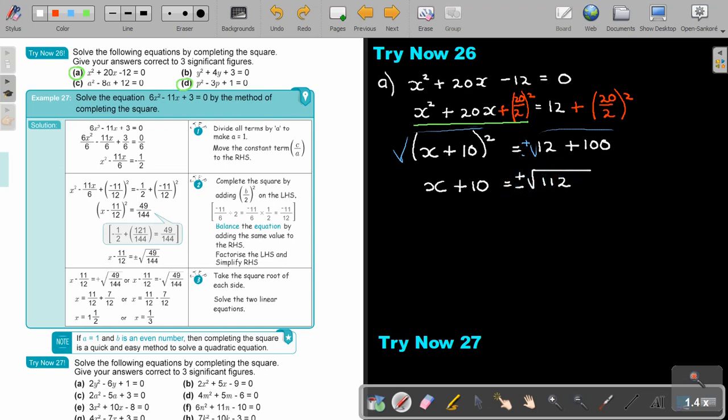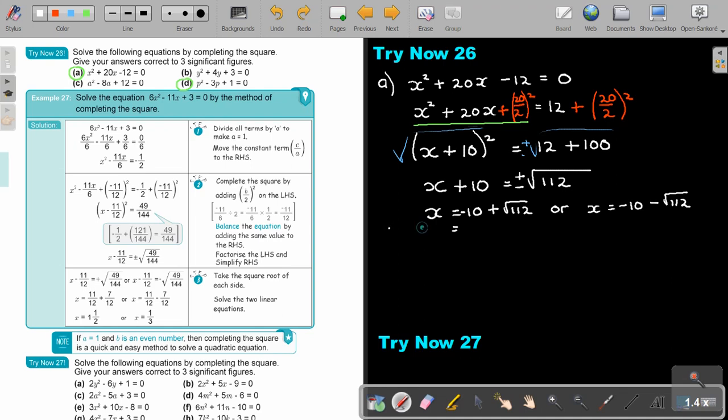Okay, and then the one option will be x is equal to negative 10 plus the square root of 112, or x is equal to negative 10 minus the square root of 112.